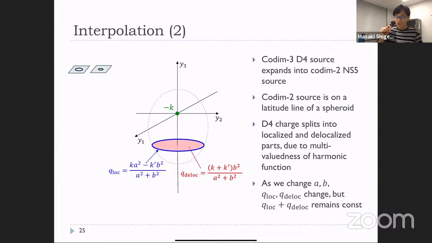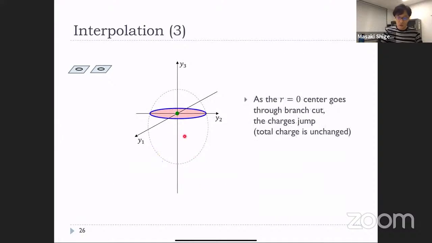As you change A and B, as you proceed with the interpolation, these are not constant because A and B are changing, but the sum is a constant. The sum is just K. And at the point where this green dot intersects this disk, the charges jump.